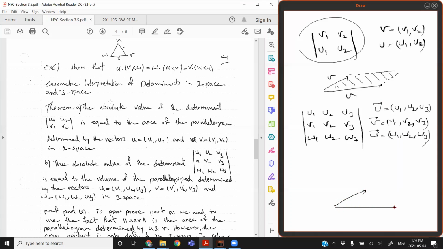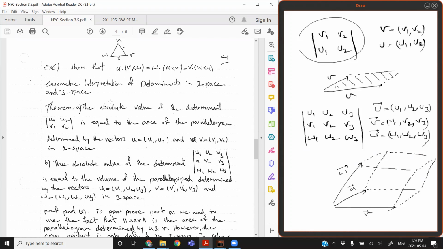So let's say this is the first vector U, this is the second vector V, and this is the third vector W. And these vectors together form something called a parallelepiped. These two form a parallelogram, and the three of them together form a shape like this, which is called a parallelepiped.